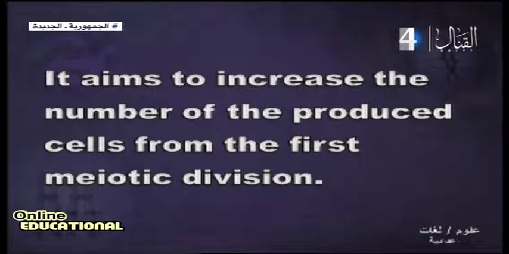The first division is important for reducing the number of chromosomes by forming two cells, each containing n, or half the number of chromosomes. But now we make another division, the second stage, to increase the number of cells. So here, these are the two cells.